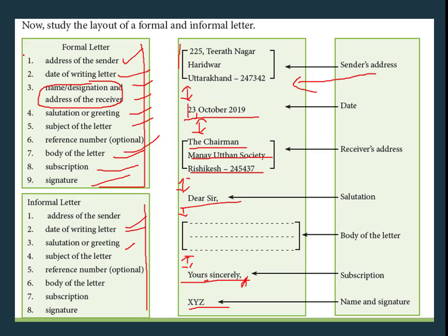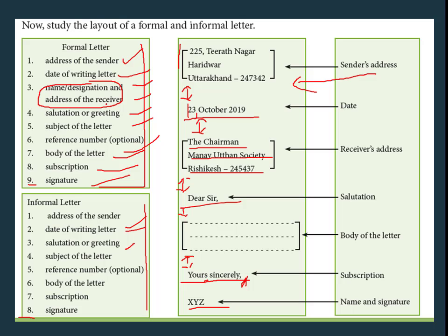You can see here 1 2 3 4 5 6 7 8 9 elements are there. Here only one element is missing. There are only 8 elements. So this is a little bit of difference between the formal letter and informal letter. In an informal letter, the name, designation and address of the receiver is not written, because you must be sending a letter to your parents, to your friends, your relations.